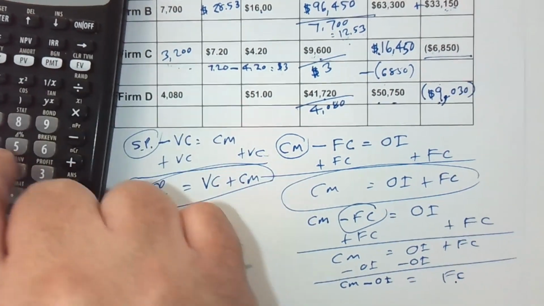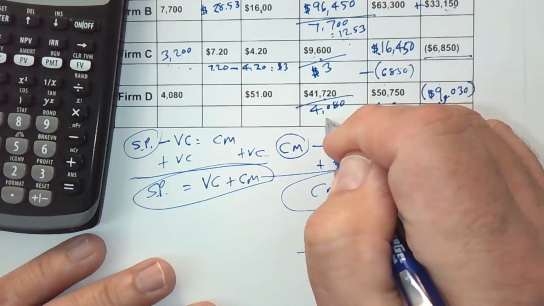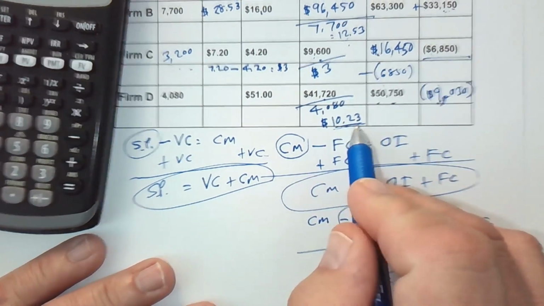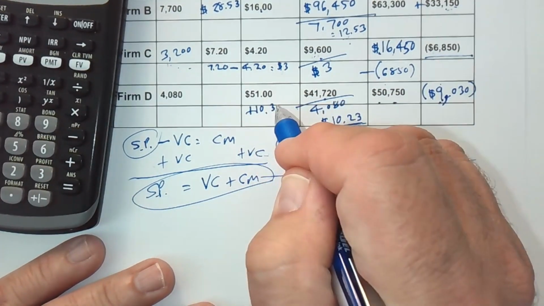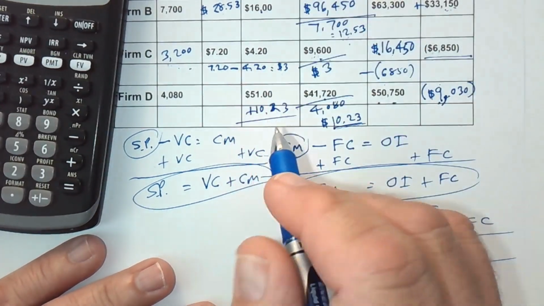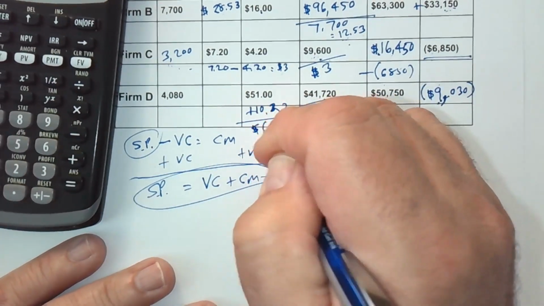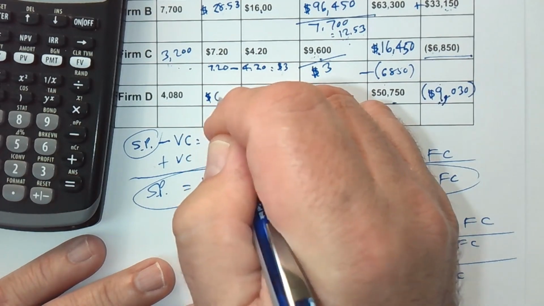I'm going to divide it by the 4080, and that tells us that $10.23 is the contribution margin per unit. I take that amount and add that to the variable cost per unit, which is $51, and that gives me $61.23 is the selling price.